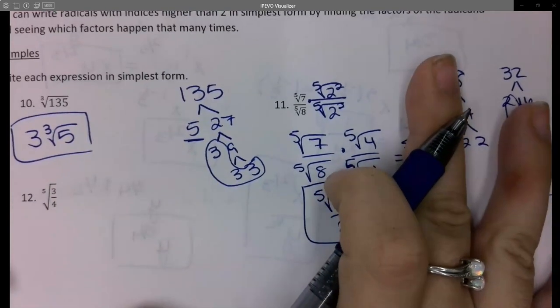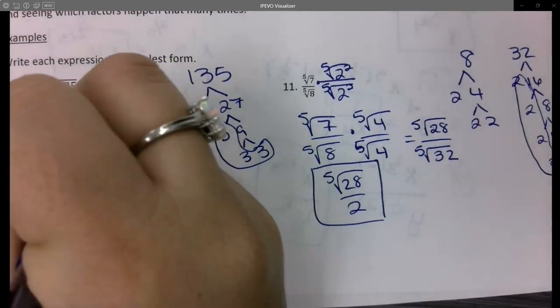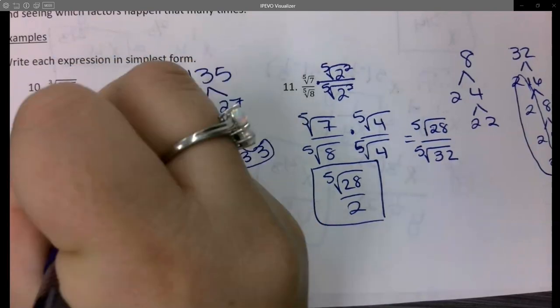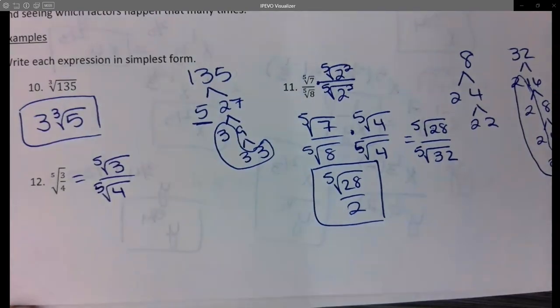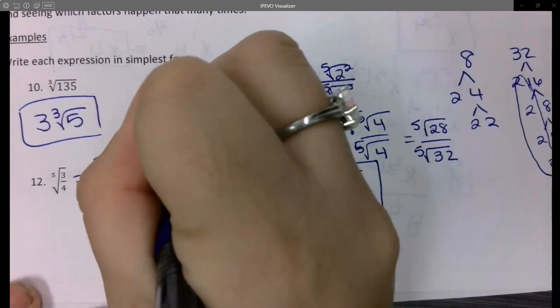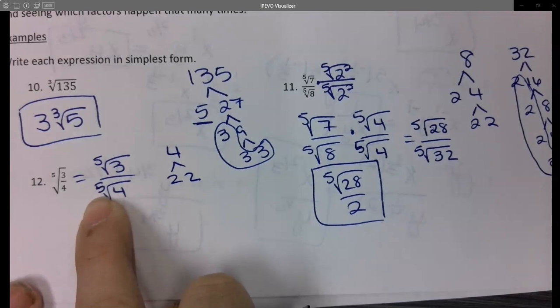Okay. Number 12. This one, I can't do anything with 3/4, so I'm going to split it into 2 separate 5th roots. So I'm going to have the 5th root of 3 over the 5th root of 4. Then I can factor tree 4. It's 2 and 2. I need a total of 5 of the same number.